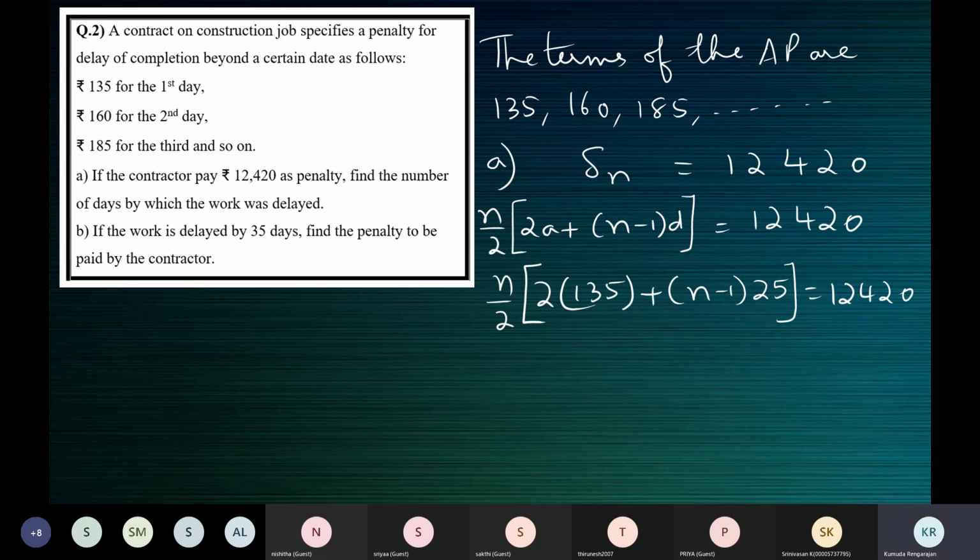So 12,420 is represented by Sn, the sum to n terms. How many days, we don't know. 12,420 is not the penalty for a particular day. If it were for a particular day, it would be An.